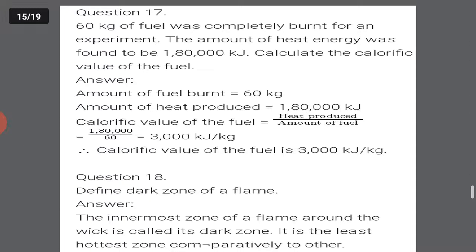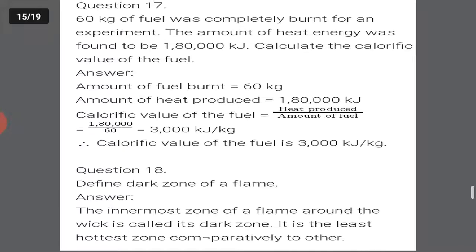Next question. This is the numerical. 60 kilogram of fuel was completely burnt for an experiment. The amount of heat energy was found to be 1,80,000 kilojoule. Calculate the calorific value of the fuel. Amount of fuel burnt is 60 kilogram.